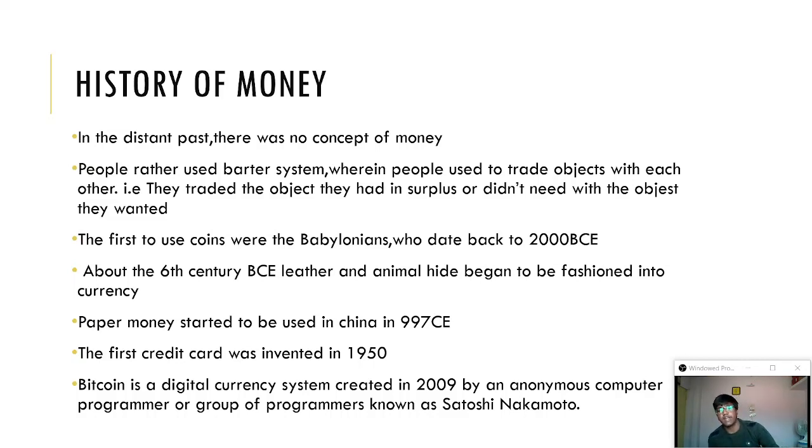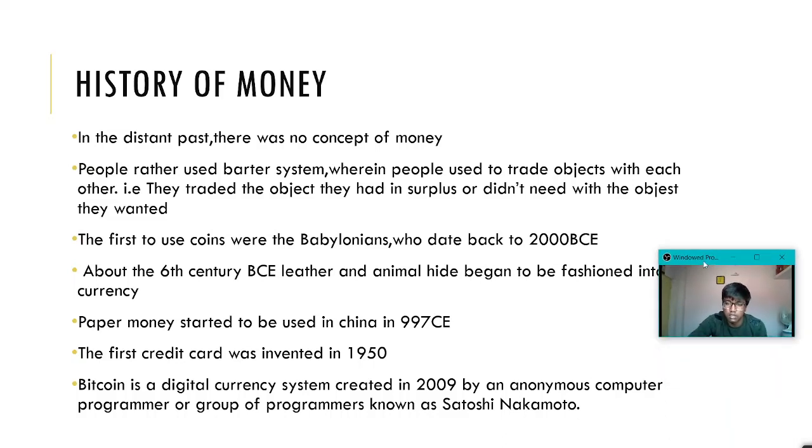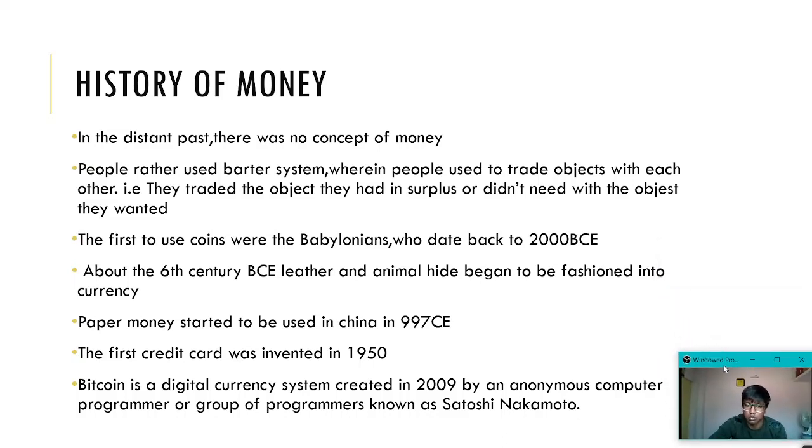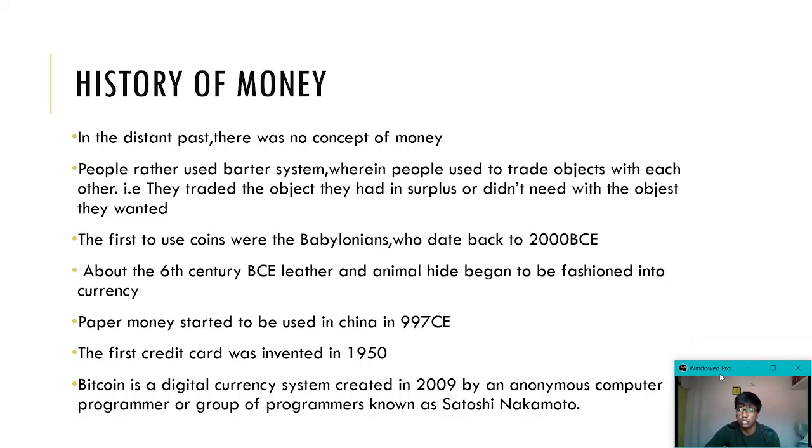And we get to the 21st century, where cryptocurrency like Bitcoin, Shiba, and Dogecoin are used. Bitcoin was the first type of cryptocurrency. It was created in 2009 by an anonymous computer programmer or group of programmers known as Satoshi Nakamoto.